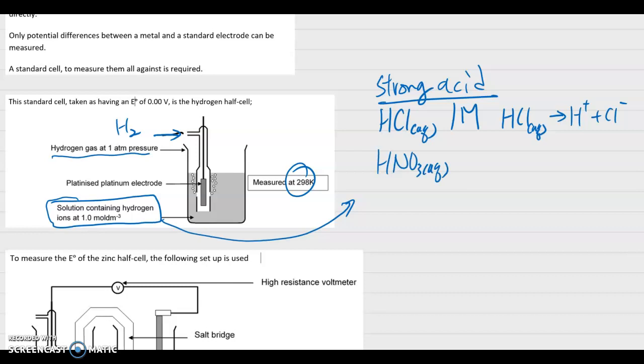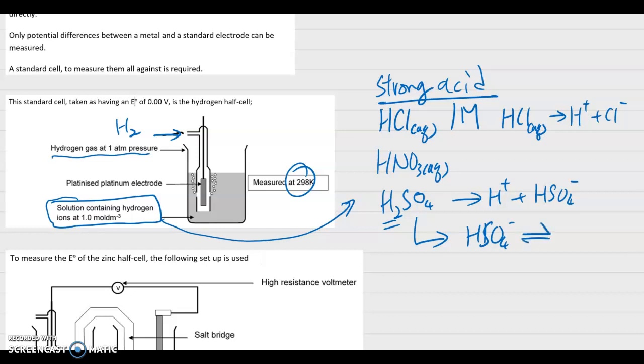Can we use sulfuric acid? Well, I would say no, because sulfuric acid is a dibasic acid. It dissociates once into hydrogen ion and hydrogen sulfate ion. However, in the second dissociation, the hydrogen sulfate ion only partially dissociates into hydrogen ion and sulfate ion.